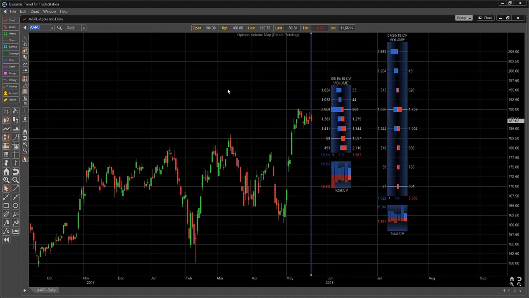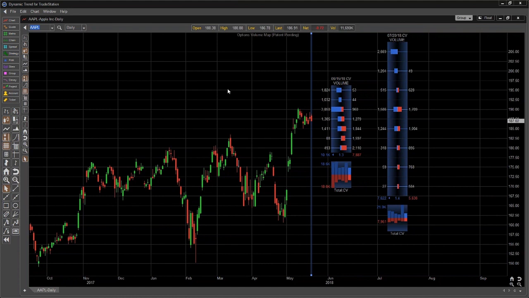Now, it can also be used as a tool to identify what you want to do when you're starting to do an earnings play. So a few days before earnings are coming out, or the day before, you can take a look and see where people are buying calls or puts, or if they're buying more calls or more puts, and determine, well, instead of just doing a straight straddle, there's a lot of put buying here.